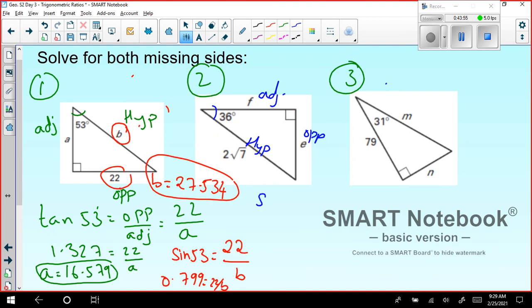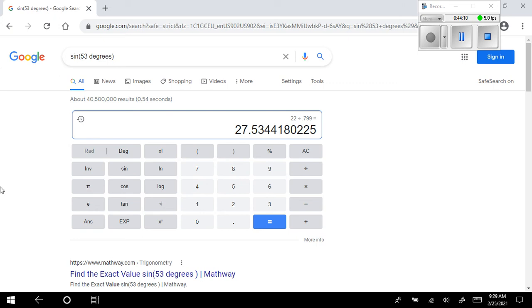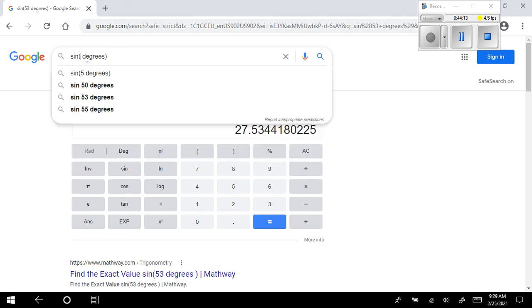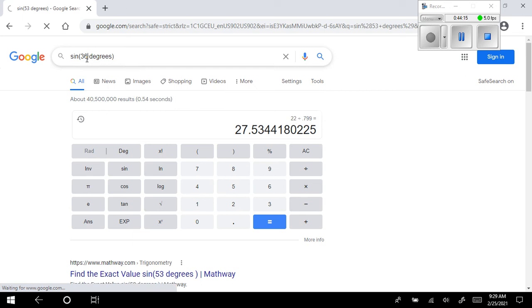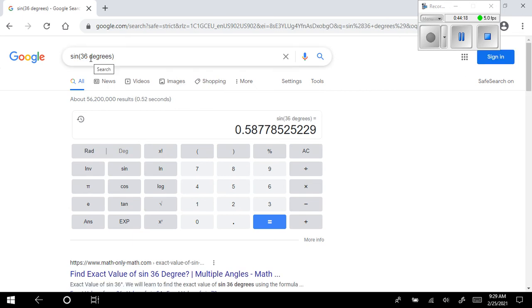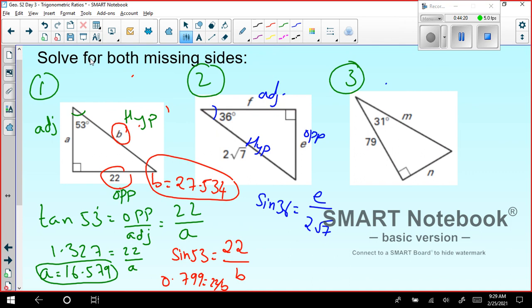So we have sine 36 equals opposite over hypotenuse, that is E over 2 root 7. Use the calculator and find sine 36. So sine 36 degrees using the calculator, I get 0.588. So I have 0.588 equals E over 2 root 7.